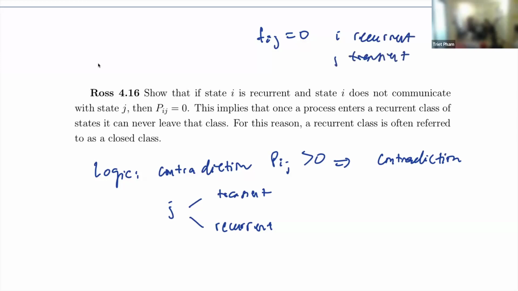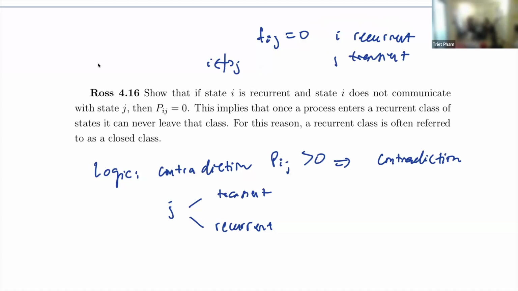I was just talking about a special case of this. Of course, if one is recurrent and one is transient, then I and J cannot communicate to begin with, correct? So I was doing a specific example of the implication of this problem. I'm not saying that this problem really implies that J is transient. Does it make sense?